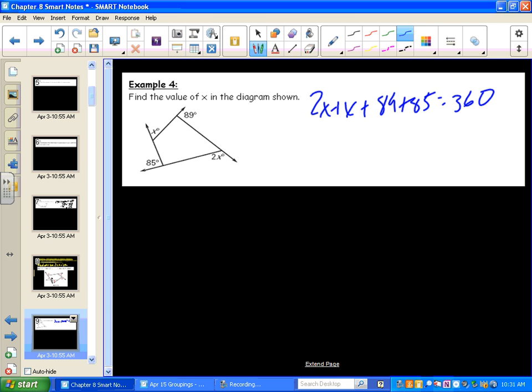Very good. Combine like terms, 2x and x, that's 3x. 89 plus 85, 174, equals 360. Subtract 174 from each side. What's 360 minus 174? 186. 3x equals 186. So x equals 62.